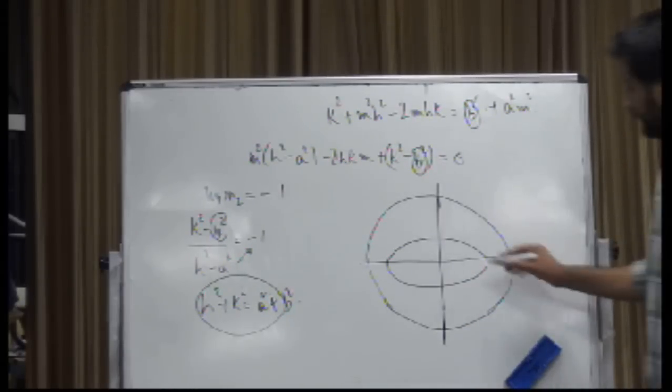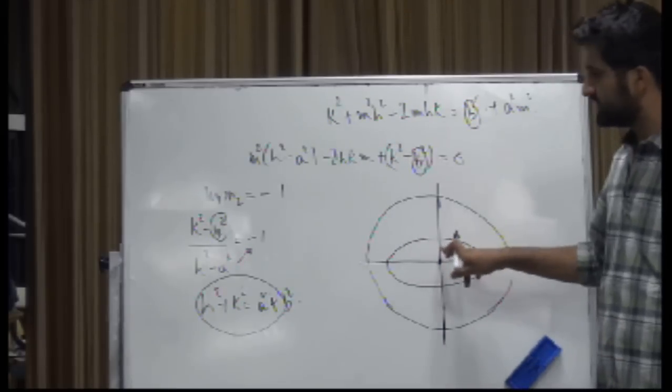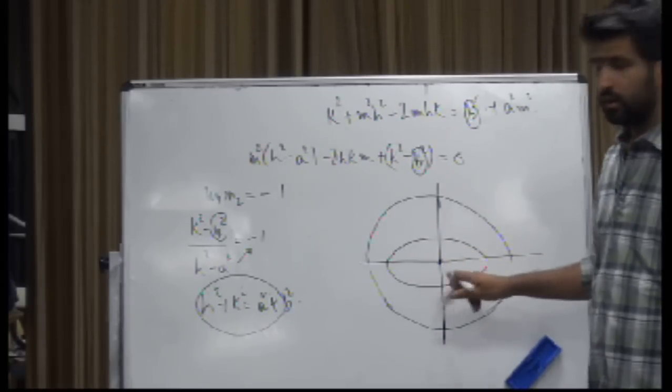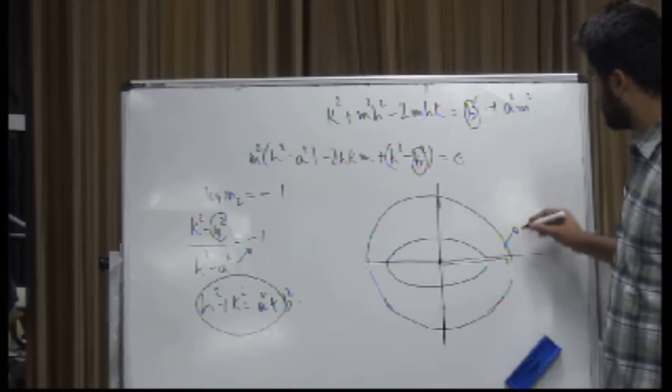It will be a circle with center identical to the center of the ellipse, but the radius is greater than the semi-major axis.